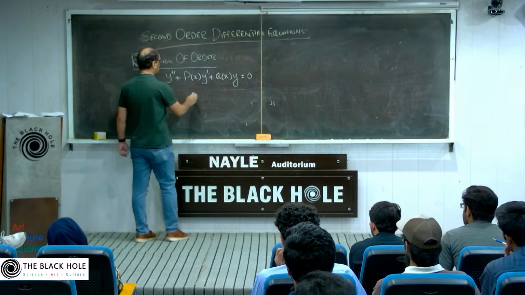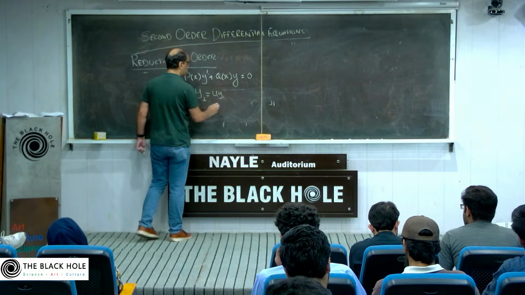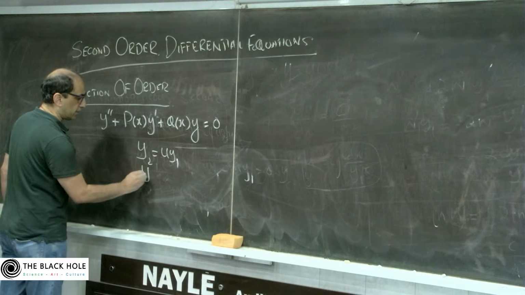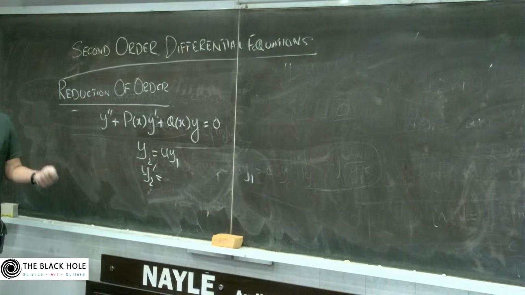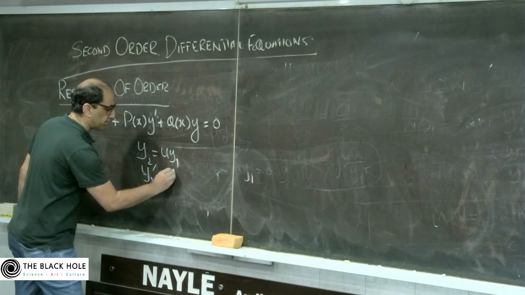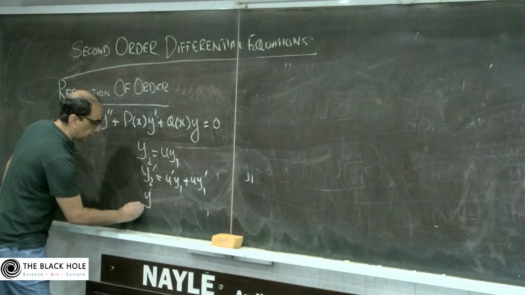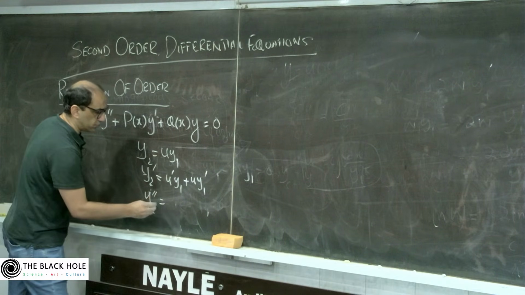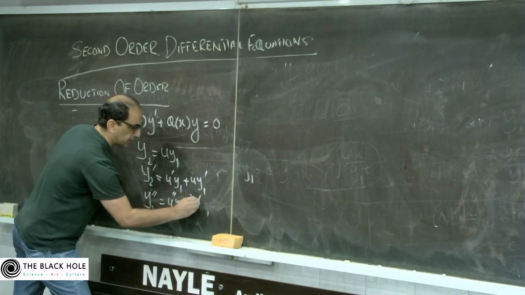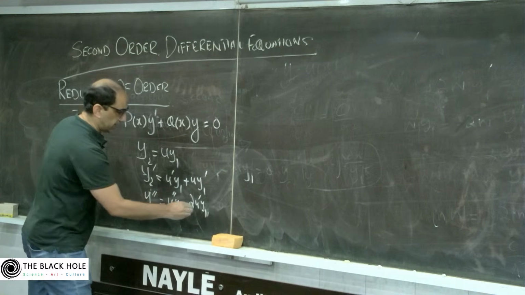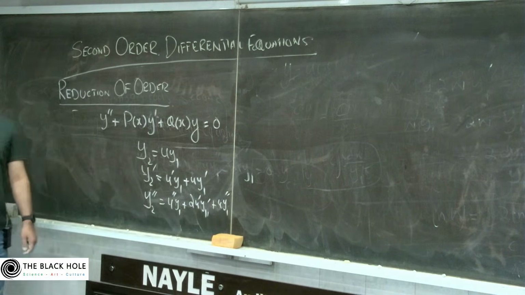And you have to assume that your y2 is equal to u of y1. Once again, you will have y2 dash. Now your y dash will also count. So y2 dash will be u dash y1 plus u y1 dash, and your y2 double dash would be equal to u double dash y1 plus 2 u dash y1 dash plus u y1 double dash.